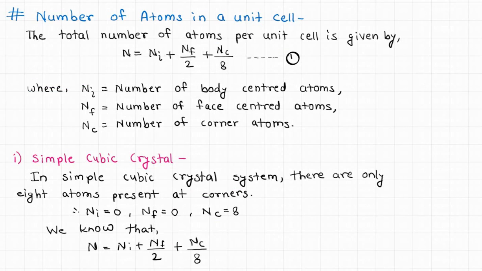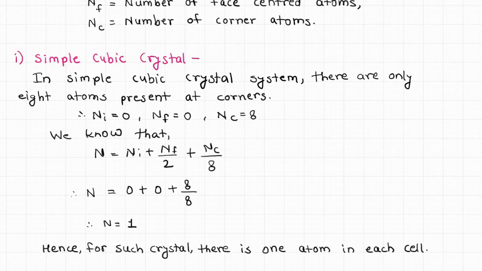Then, the number of atoms in a unit cell. The total number of atoms per unit cell is given by N is equal to Ni plus Nf divided by 2 plus Nc divided by 8, where Ni is the number of body-centered atoms, Nf is the number of face-centered atoms and Nc is the number of corner atoms. So, first one is simple cubic crystal. In a simple cubic crystal system, there are only 8 atoms present at the corners.